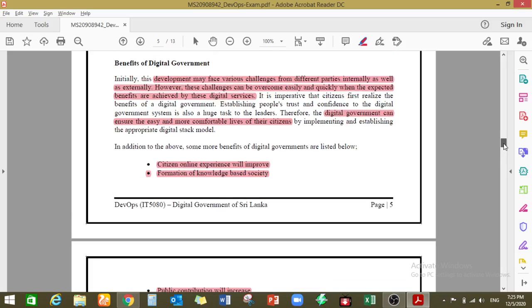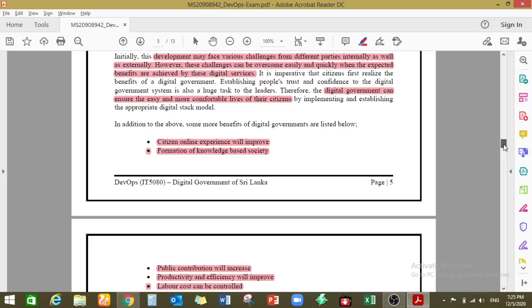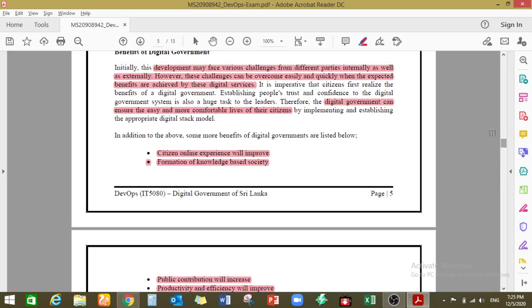Initially, this development can face lots of challenges, but by realizing the benefits of this model, we can overcome those challenges very well.